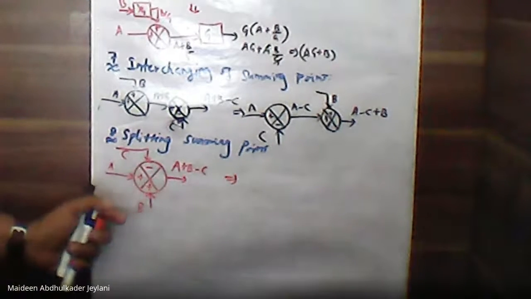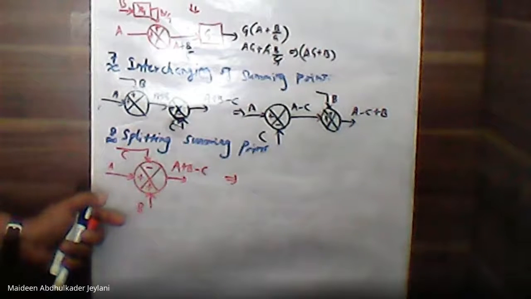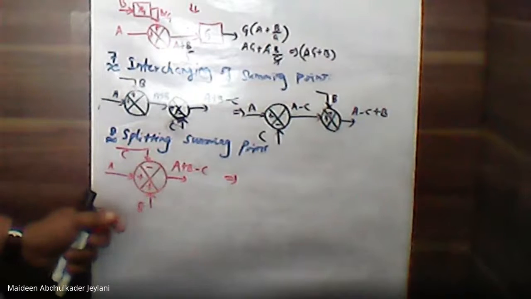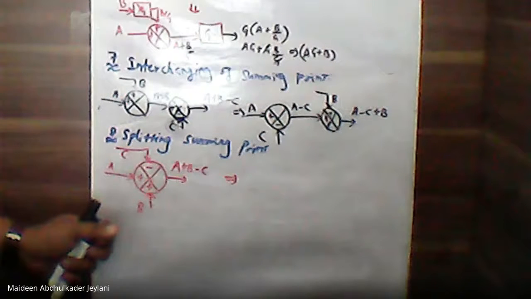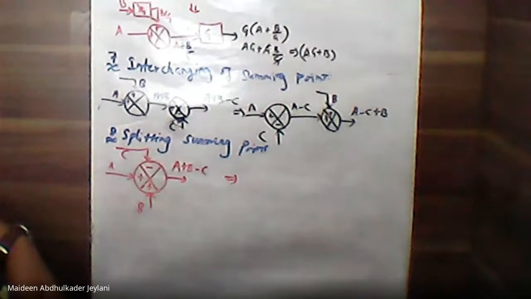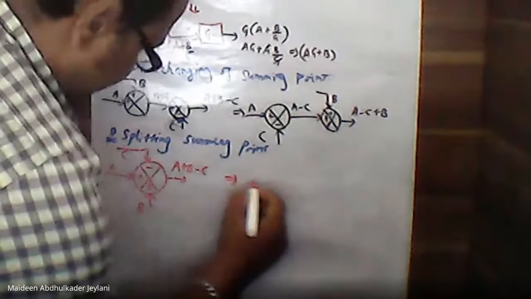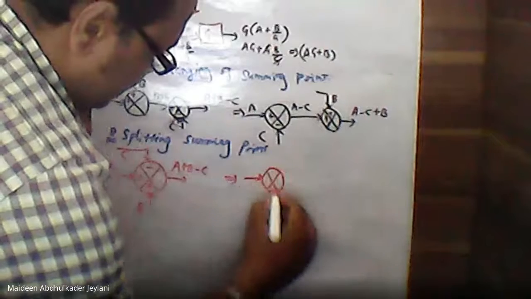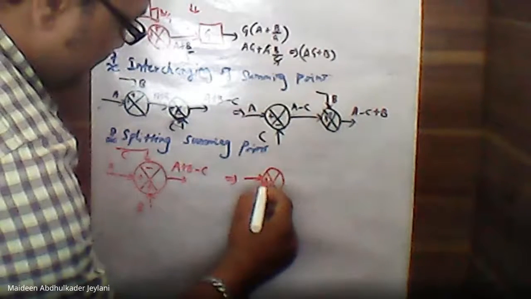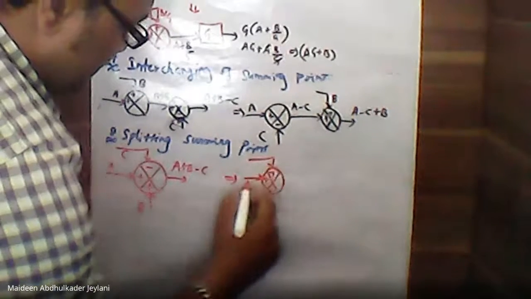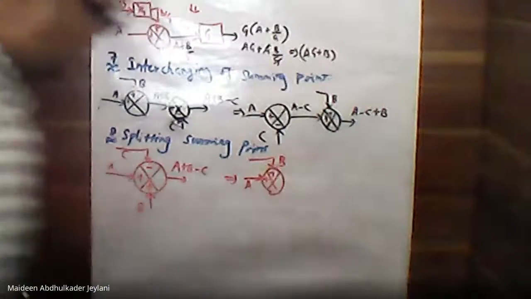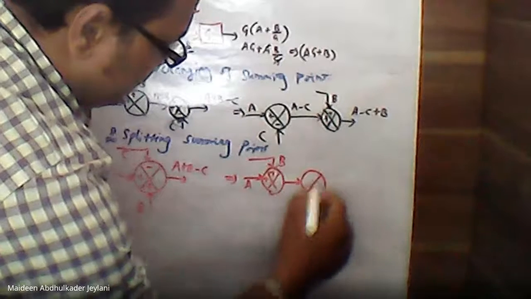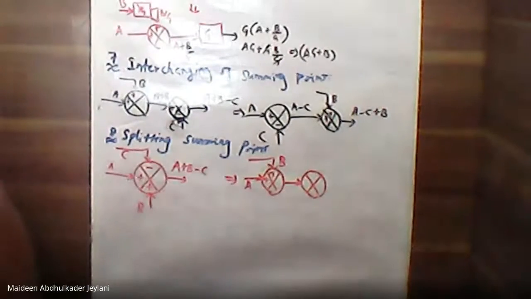Clear? Now I want to split this summing point. I want to split this into C as a separate input and A and B as another. How I can do it: this is A and this is B, and this input is going to include another summing point.